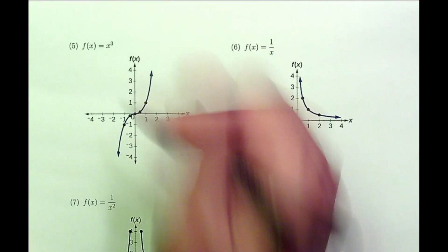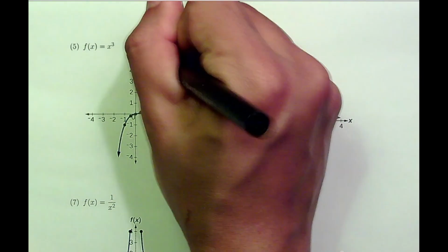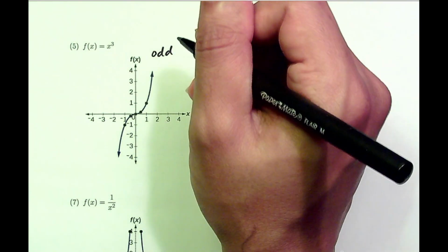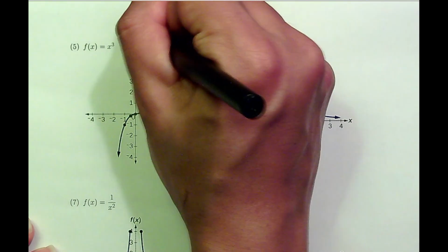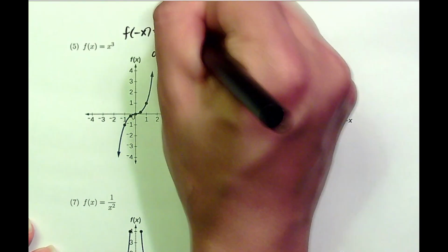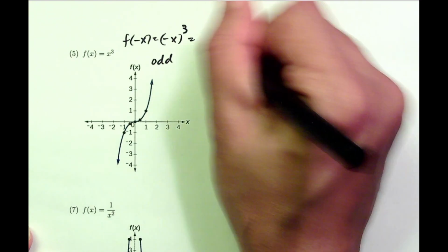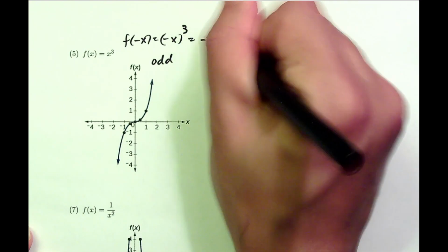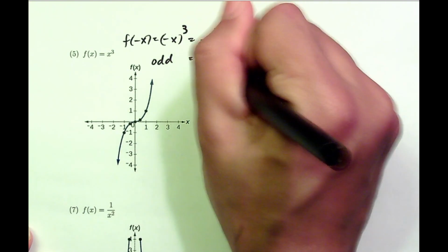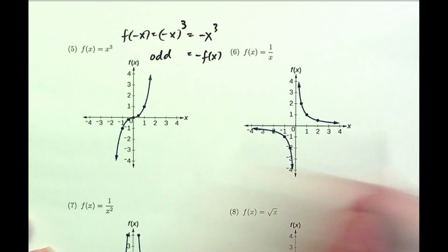The graph of the basic cubic function. This one is odd, because when you plug in negative x, you get negative x cubed. Simplifying this, you're raising it to an odd power, so this is negative x cubed, which is negative f of x. This one is odd.